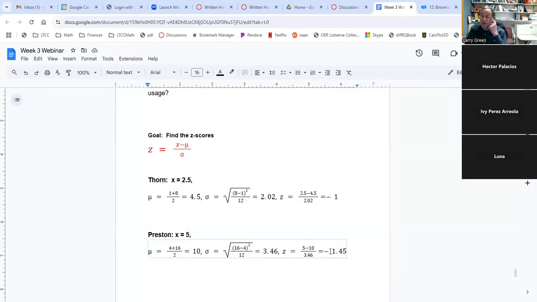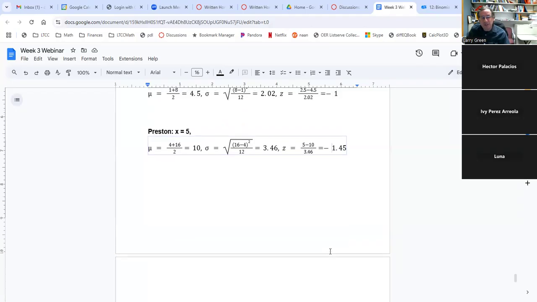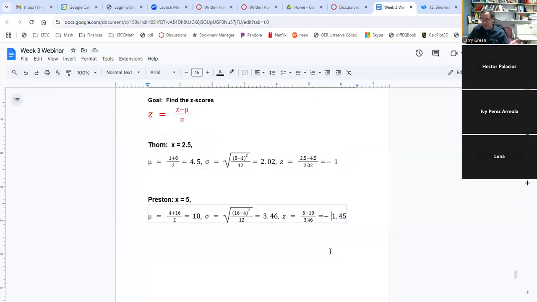And when you have a uniform distribution, we have formulas we can use. So Preston took an unusually small amount of water compared to the type of water use. Any questions at all on this example of using the uniform distribution and the formula for the mean and standard deviation and z-score?